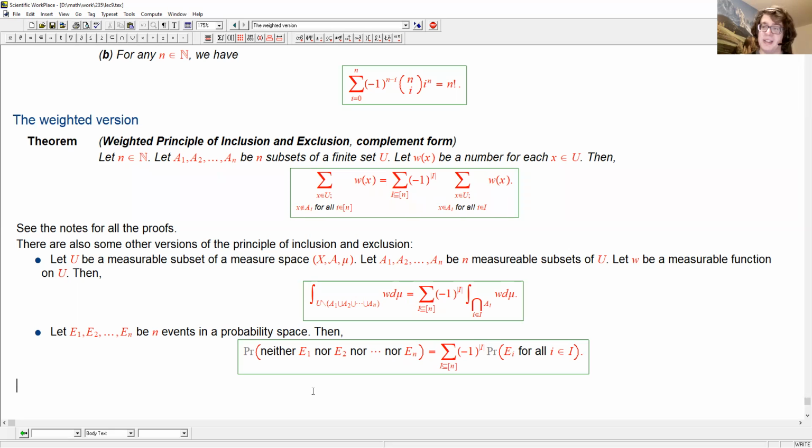I'm skipping the next section, which is about extremal combinatorics. Extremal combinatorics is about questions that are not saying how many things satisfy this property, but more questions of how many things can you pick at most that satisfy a certain property. For example, how many subsets of a given set can you pick so that no two of them will be subsets of one another?